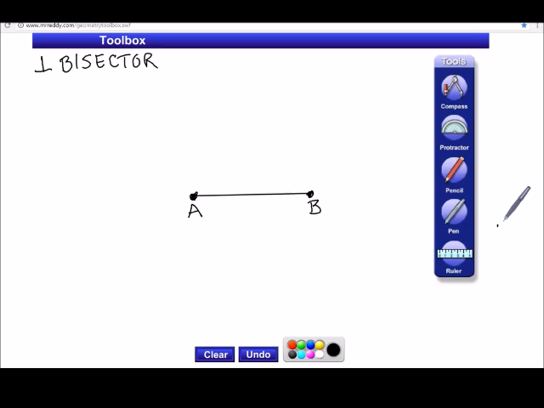We are going to construct the perpendicular bisector of a segment, and this is one of the easiest ones. Looking at this segment here, you should be thinking of Euclid and his triangles again and his circles that make those equilateral triangles. We are going to use our compass, and the key here is we can use any length.